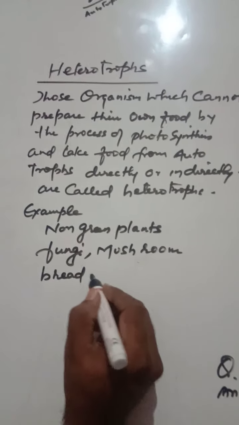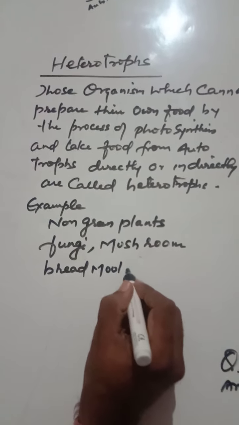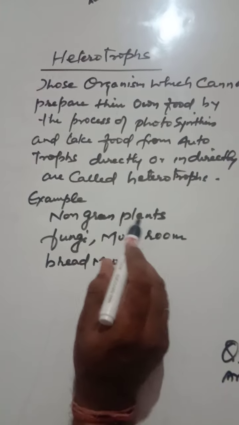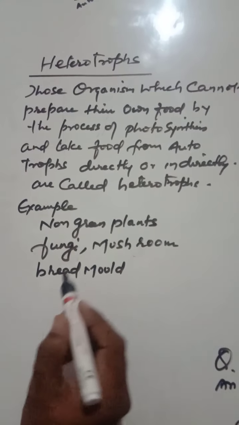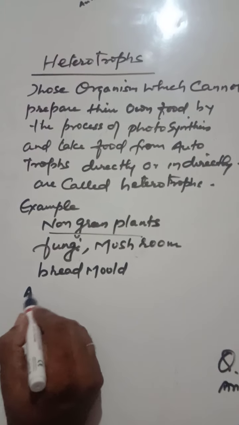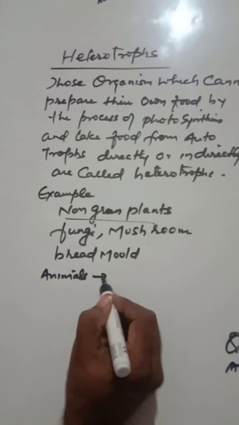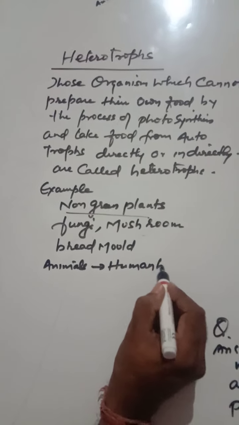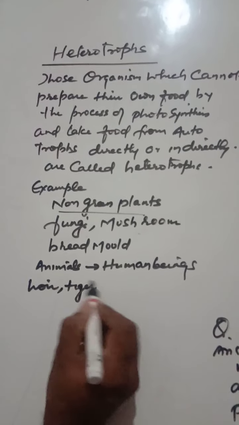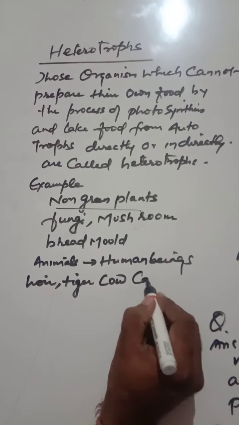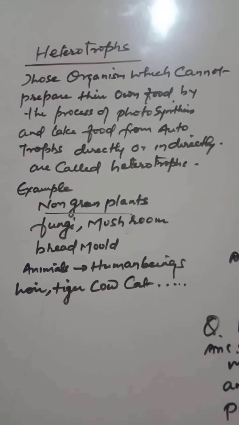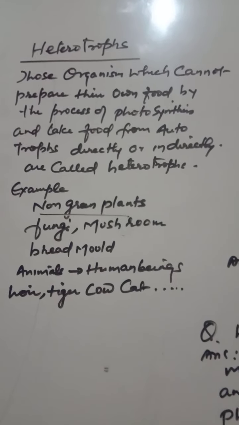It is bread mold. They are not able to manufacture their own food, they have to depend on the autotrophs. These are a few examples of non-green plants. And for animals, the first one is human beings. Animals, you may consider lion, tiger, cow, cat, etc.